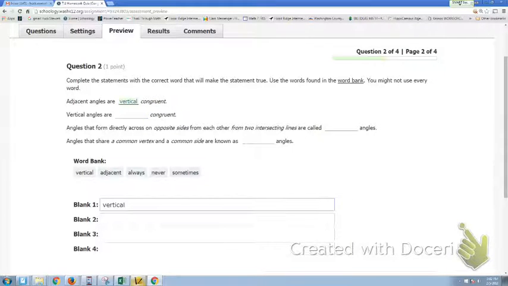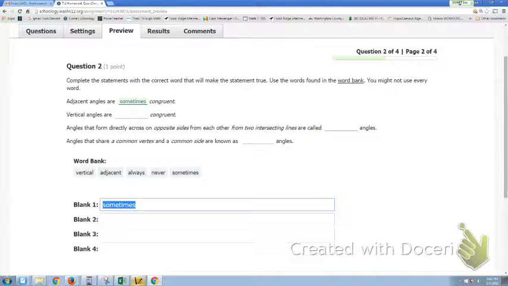If I want to change that, I can just click in there and click on a different one. That works just fine. So the question is basically, are adjacent angles always congruent, sometimes congruent, or never congruent?